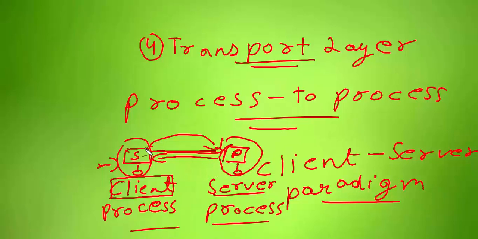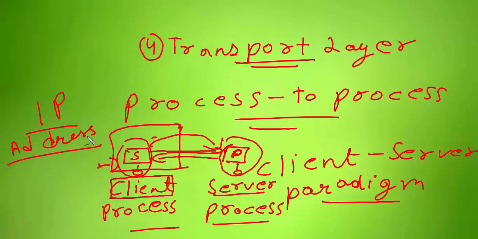We differentiate the computers using an IP address, but we need one more identifier, which is called the port number.